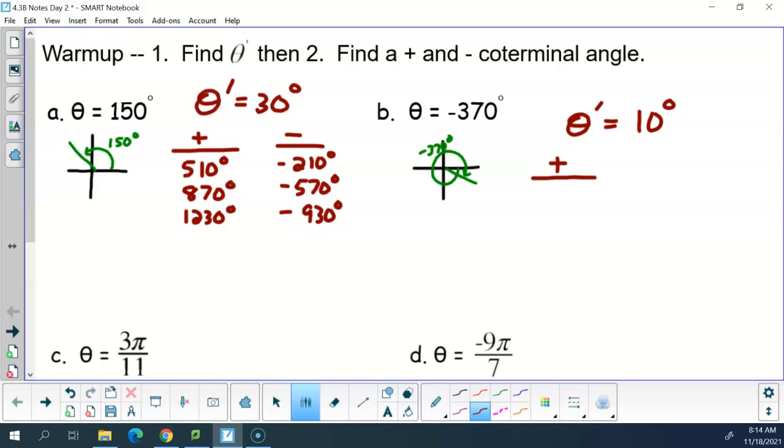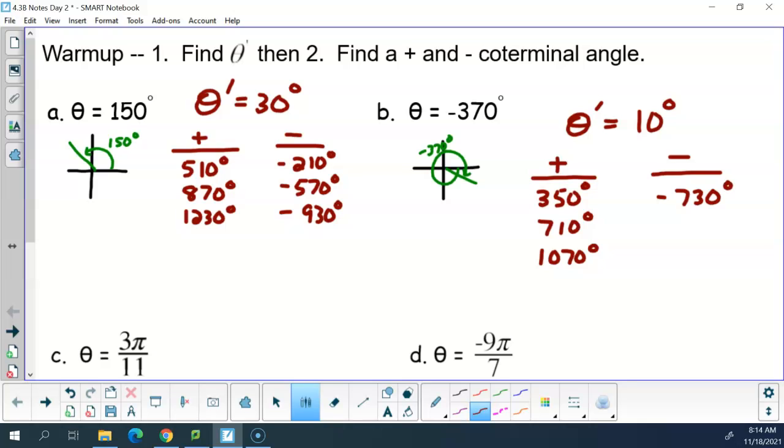Positive angles: 350, 710, 1070. Negative: negative 730.